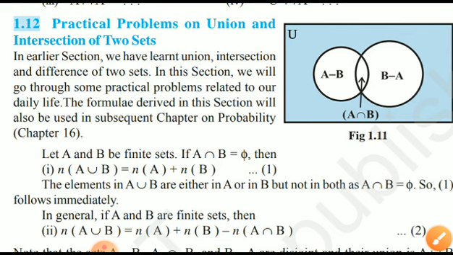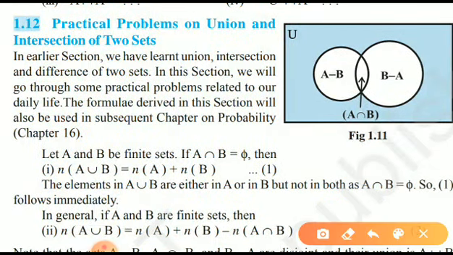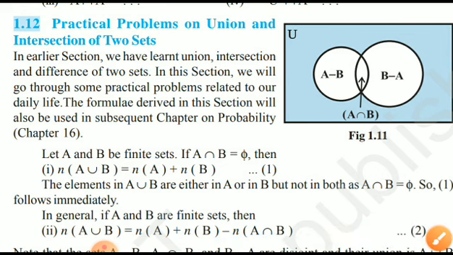Hence n of A union B is n of A plus n of B minus n of A intersection B. Is it clear?